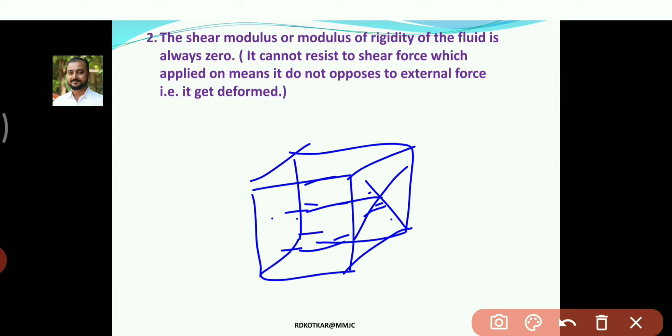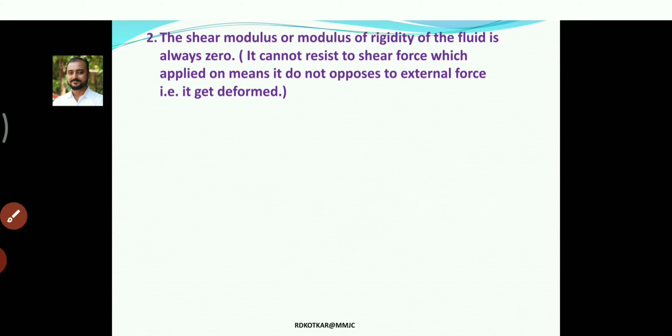As this tank is opened, the water or liquid will flow outside. Means as you apply the force, the water will flow outside. Means there is no opposition to the change of shape, means they get easily deformed. Deform means they change their dimensions easily.